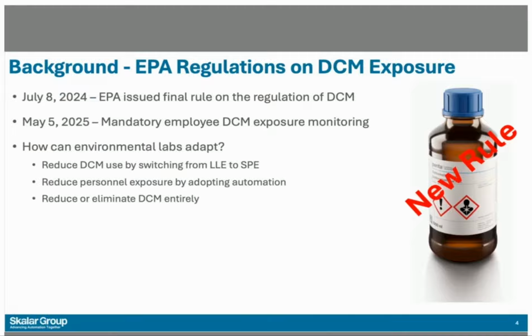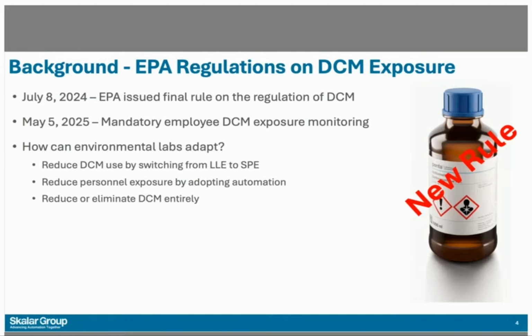Last year, the EPA issued a rule on the regulation of DCM based on these health effects. And this year, of course, we know there is some mandatory employee DCM exposure monitoring that they're mandating.